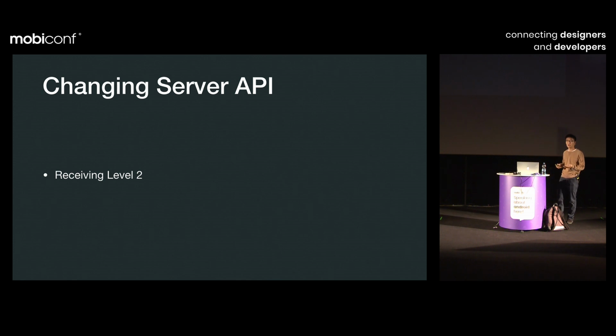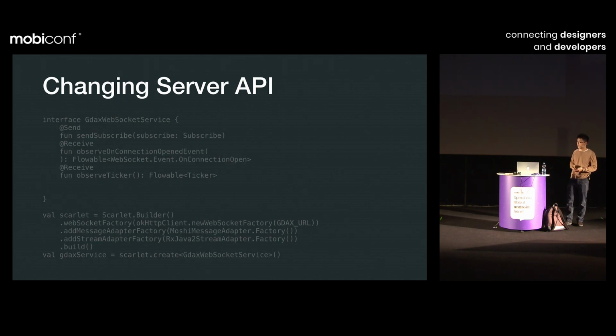And guess how many lines of code we need to change to support this? We only need to change 2 lines of code. All we need to do is add a new method to the interface.